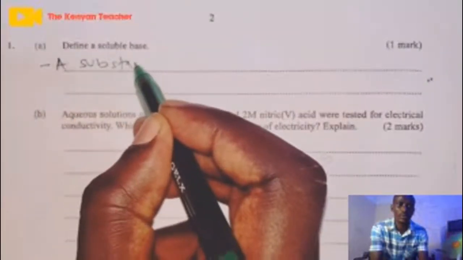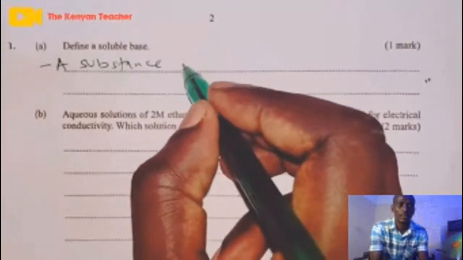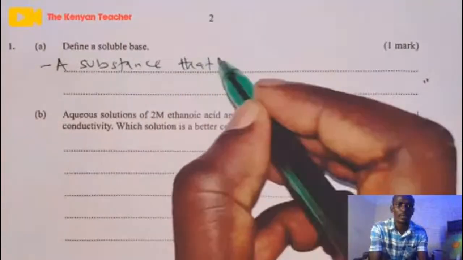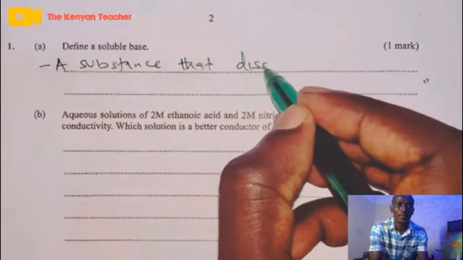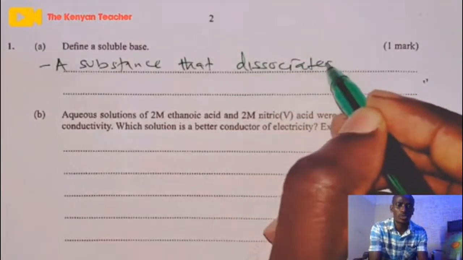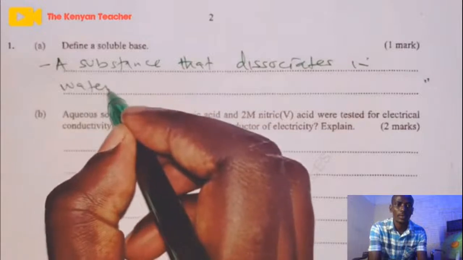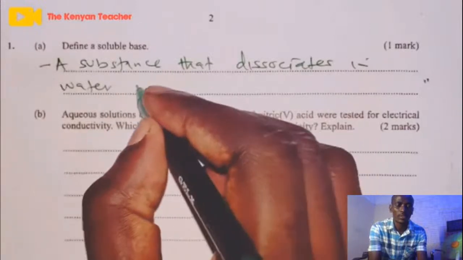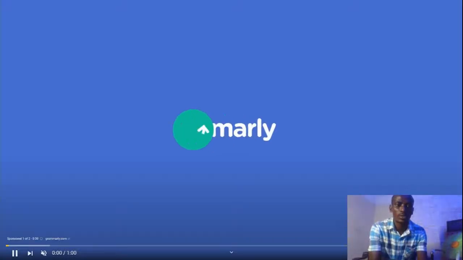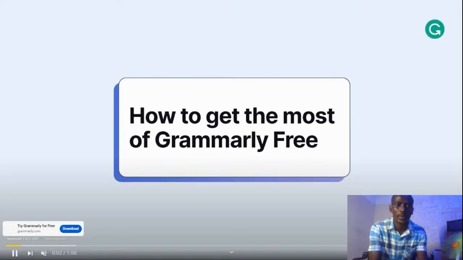Now, define a soluble base. A soluble base is a substance that dissociates in water. Thank you for the interruption.